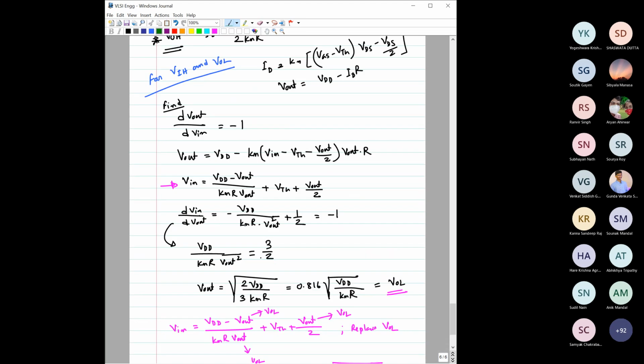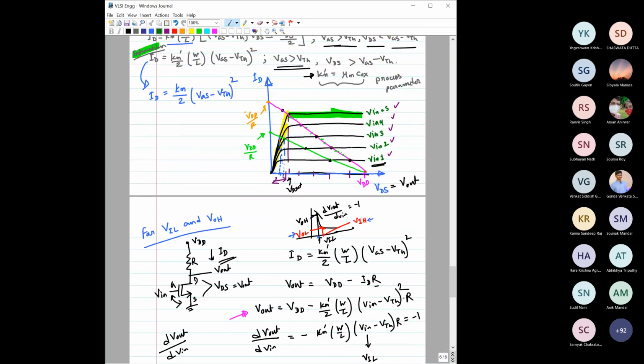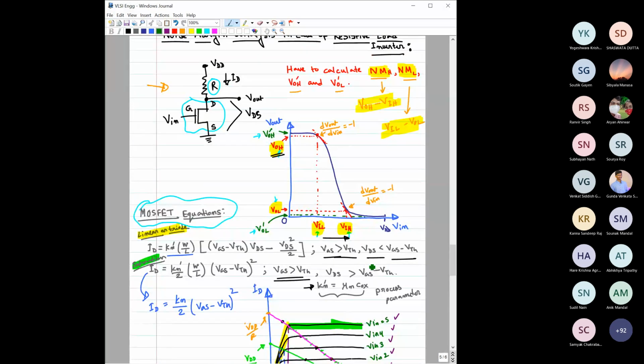Okay. So two other important points here we have to find. One is this point, that is VOH dash, and the other one is VOL dash. Can you comment on the value or expression of VOH dash?